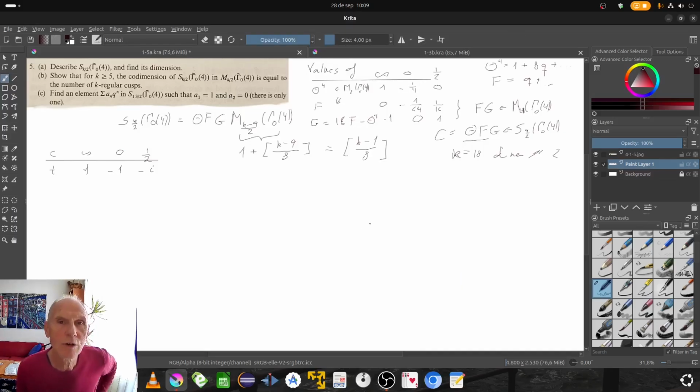Hello again, it's now Saturday morning. I stopped because I guessed the number of k regular cusps could be no greater than 3, the number of cusps. And with this formula, the codimension would keep growing.